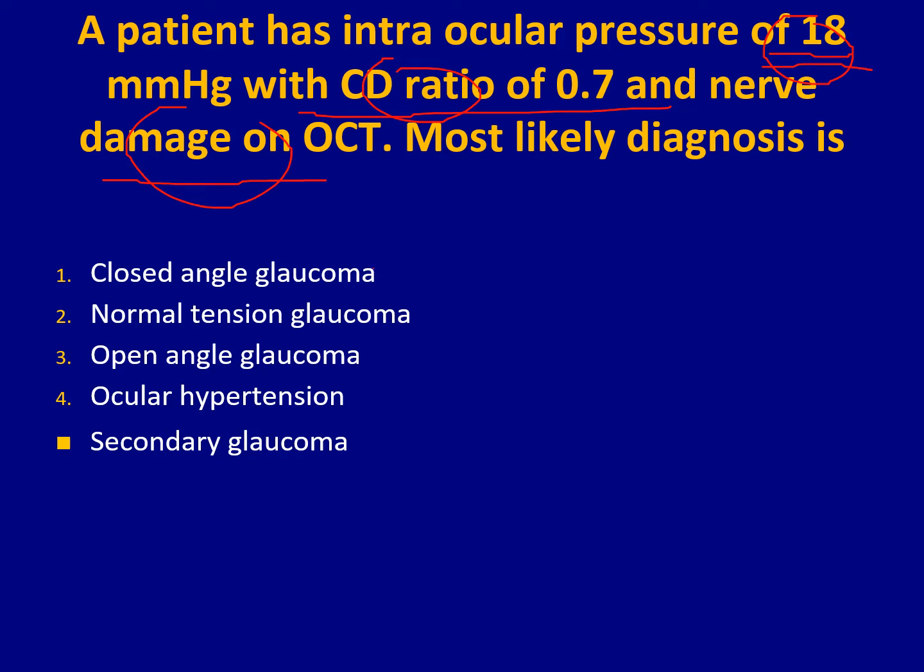So it cannot be closed angle because the pressure is high in closed angle. It cannot be open angle because the pressure is high. Ocular hypertension, the pressure is high. Secondary glaucoma, the pressure is high. So this could be normal tension glaucoma again.